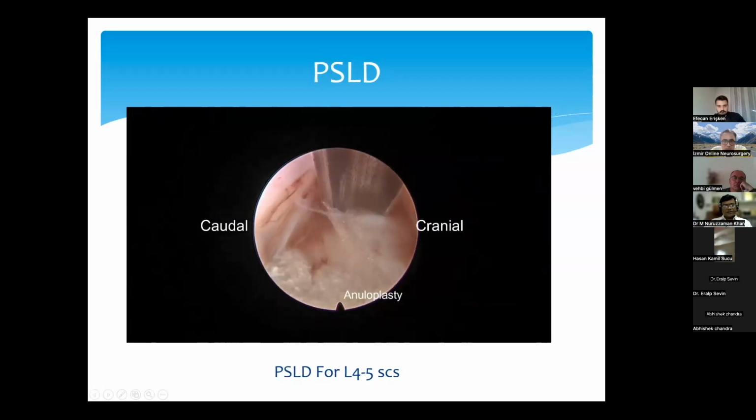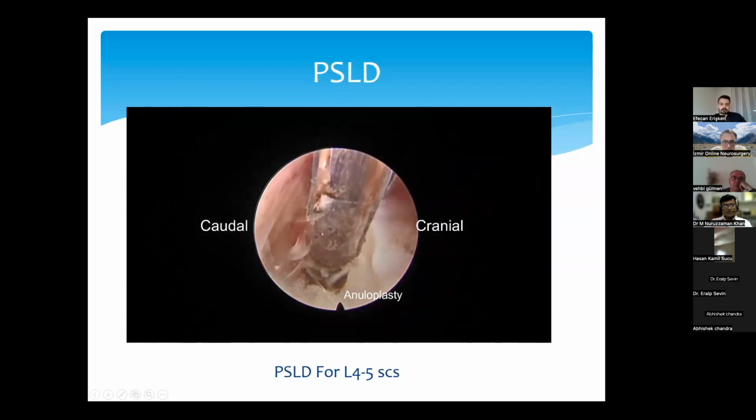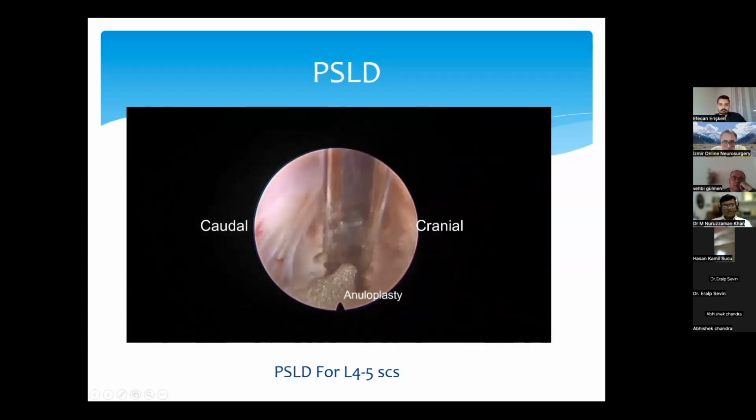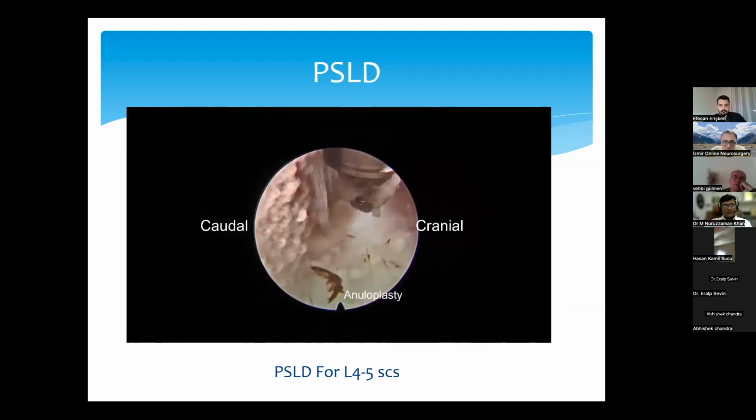And now the annuloplasty is being done on the ipsilateral side. The root and dura are slightly retracted medially, and the annulus is coagulated by radio frequency diathermy.